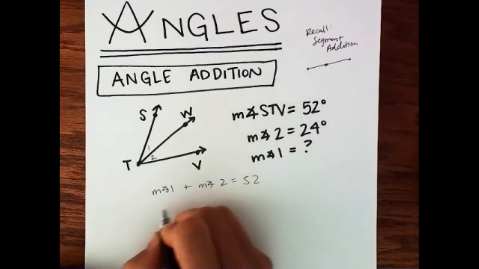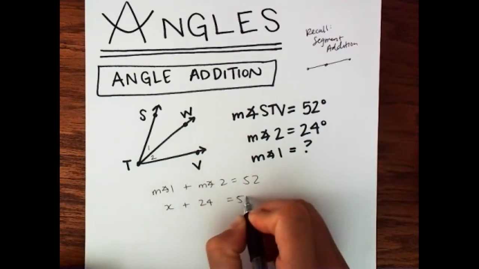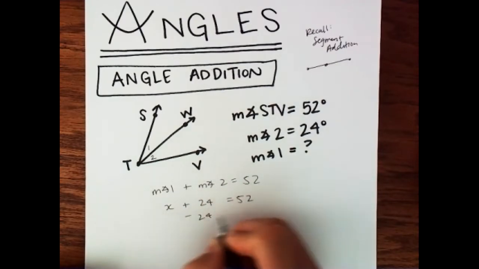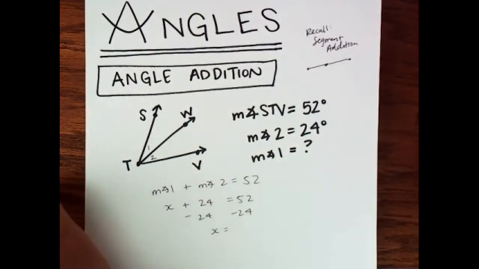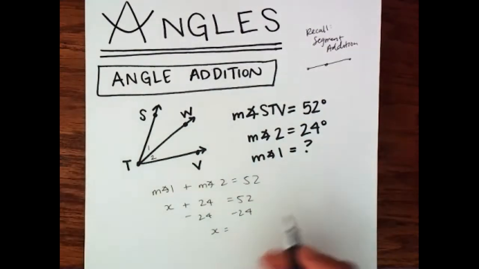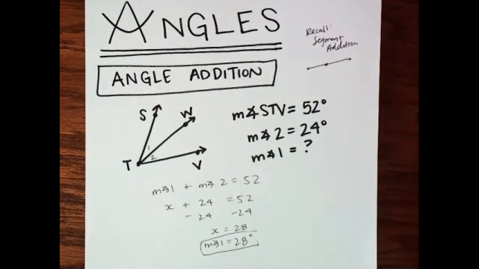So from here, you can just kind of work it as a regular math problem. And then once you get that, always remember to write your answer as the measure of angle 1 or 2, whichever one you're being asked for. Just always remember to write the measure of in front. And we get that the measure of angle 1 is 28 degrees.